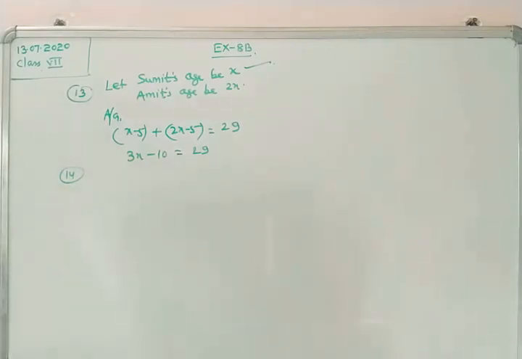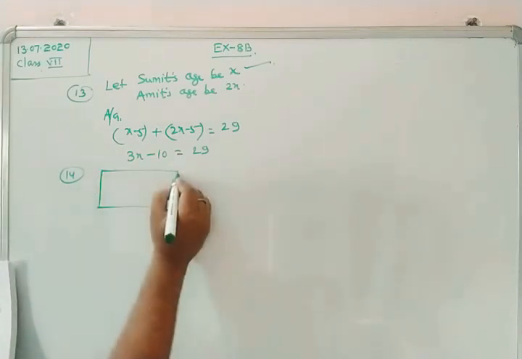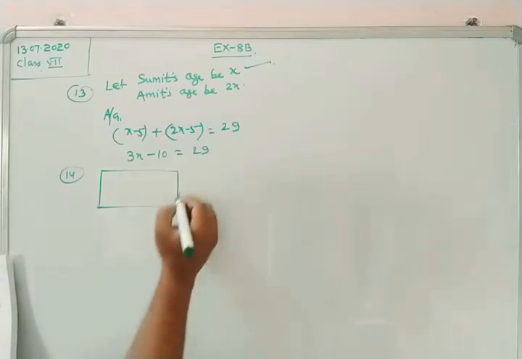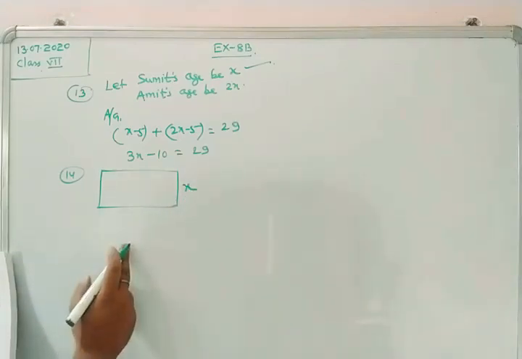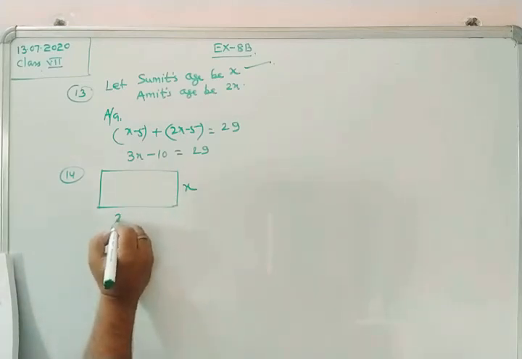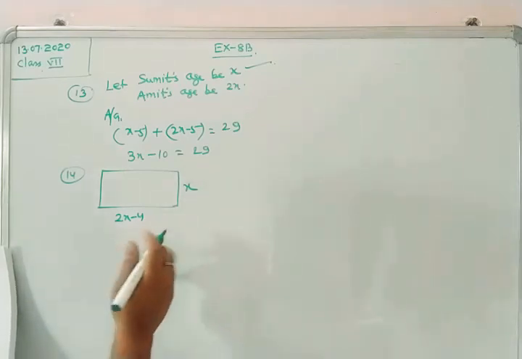Okay. Now question number 14. The length of a rectangle is 4 meter less than twice its width. Suppose this is a rectangle. Alright. Let width be x. Length will become 4 meter less than twice the breadth, that means 2x minus 4. Perimeter is given.